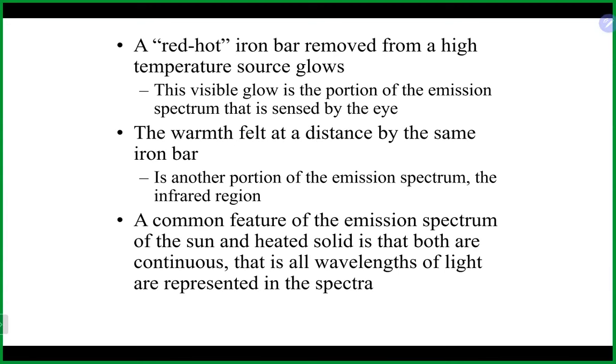A common feature of the emission spectrum of the sun and heated solids is that they are continuous, and all wavelengths of light are represented in the spectrum. Before, we were talking about electrons traveling from one energy level to the next in a quantized version.